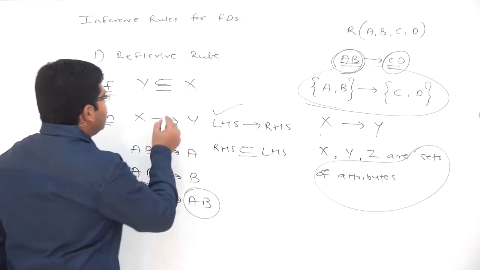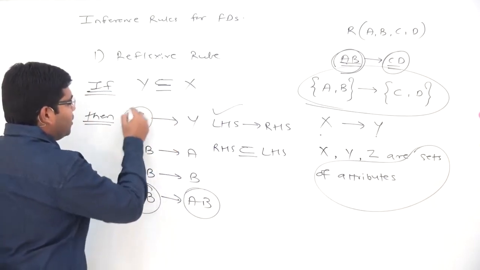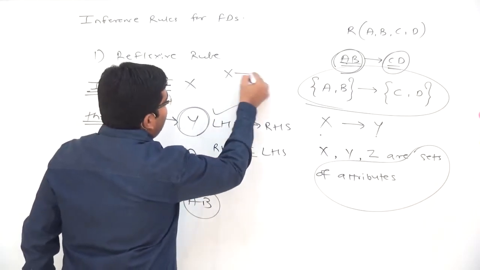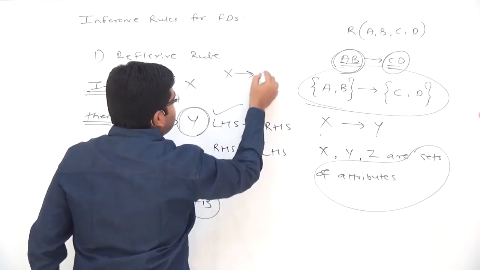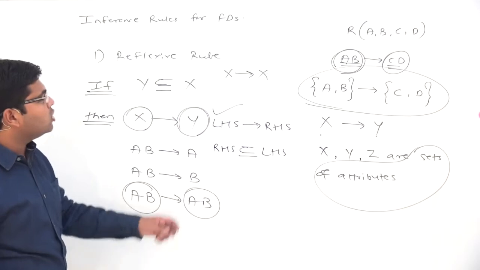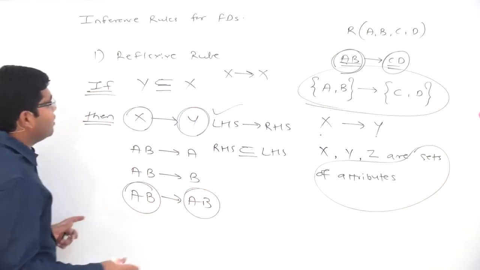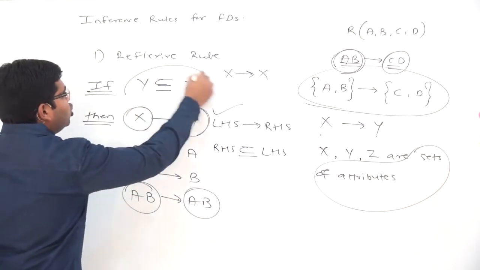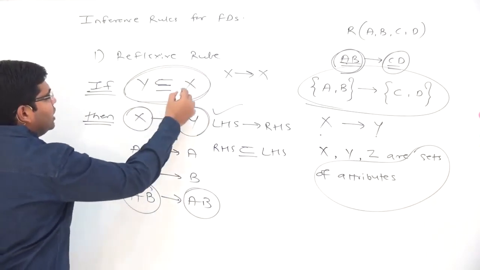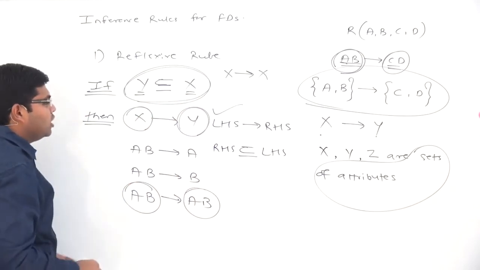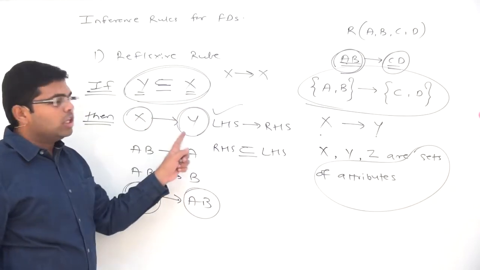When we say a set of attributes determines any of its subsets, we can always say X gives X, because X is a subset of X. So let us be very clear with this. Whenever you have two sets such that one is the subset and the other is the superset, you can always write down superset gives subset.